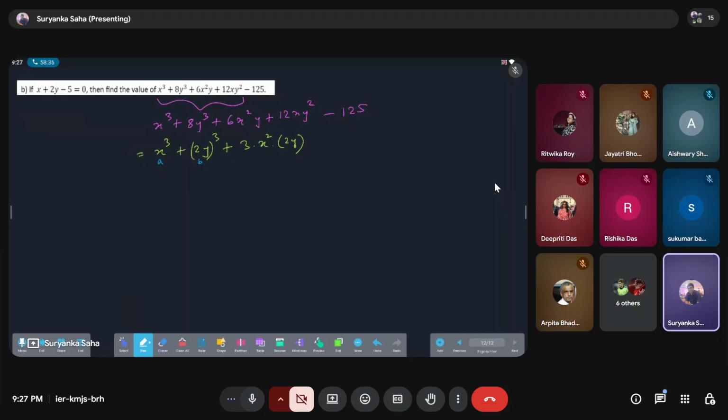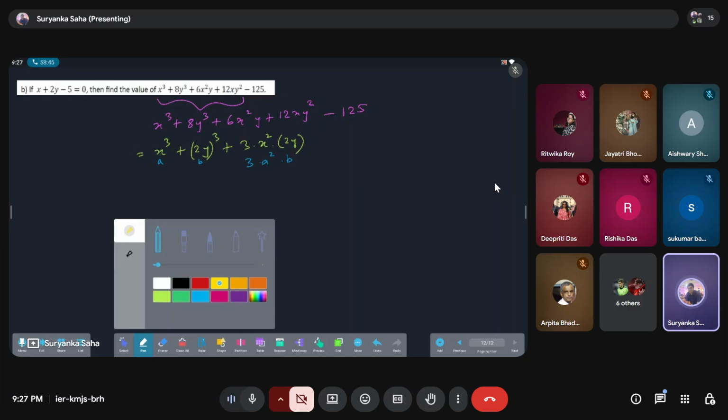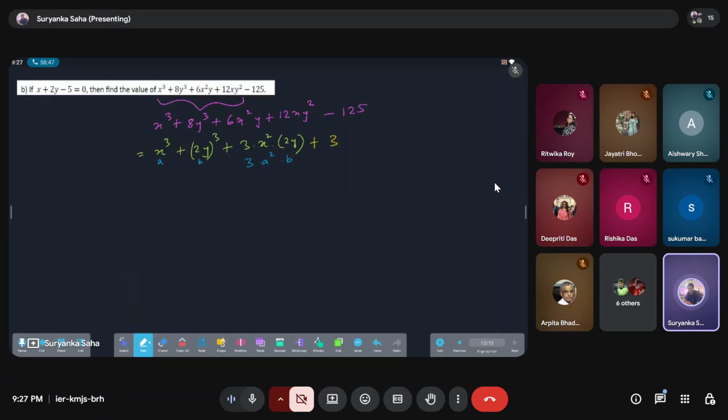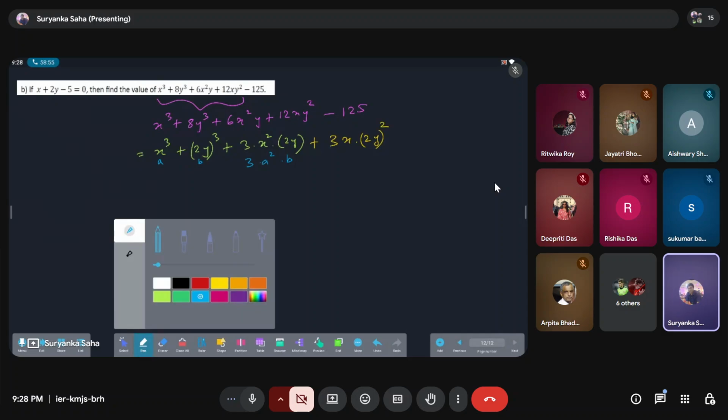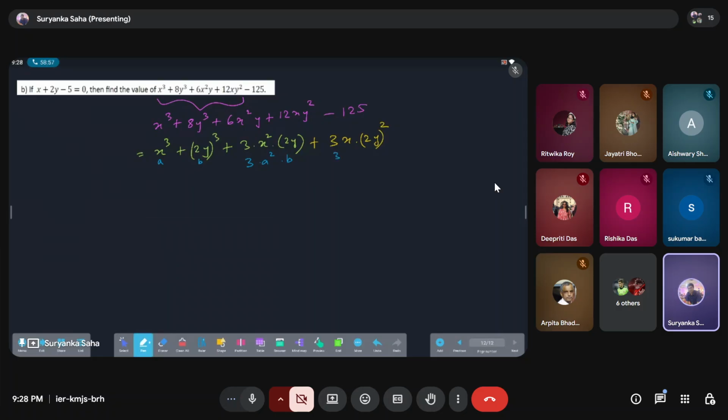Is it okay? So 3a square b. So this is 3a square and this is b. Chalo. And next is plus 3ab square. X into 2y whole square. This is ab square. This is 3ab square.